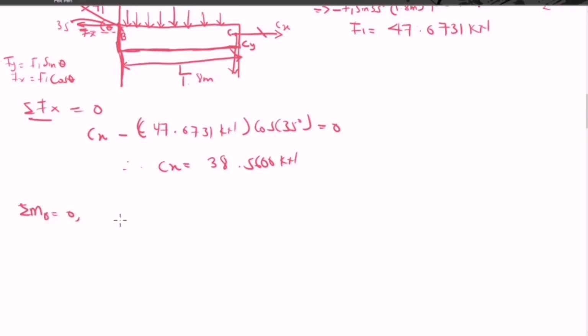So in that case, our Cy here will move in the anti-clockwise direction to B. So we have our Cy, then the distance is 1.8 meters.